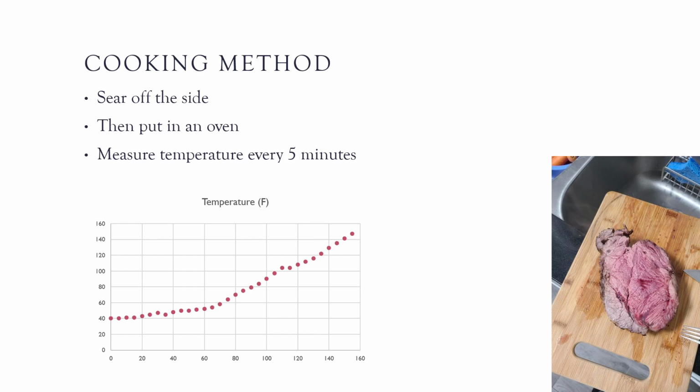Also, I used a thermometer which I poked into the meat, and I wasn't able to consistently measure at the same location, so the measured temperature could be a little bit wrong depending on how far down I pushed the thermometer. At the end of every reading I also washed the thermometer with water, and that could mess up the temperature reading.